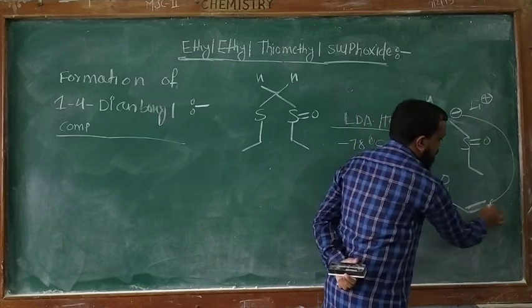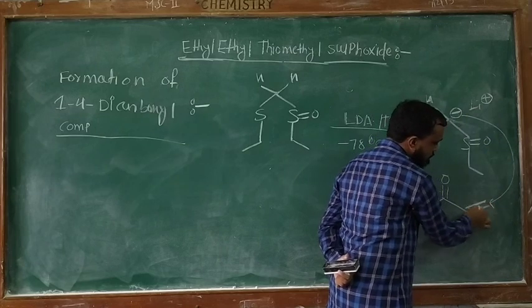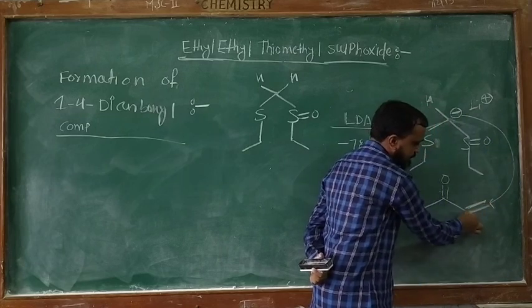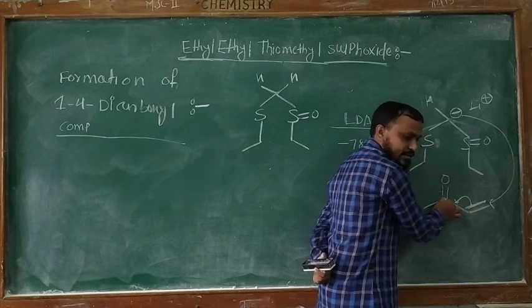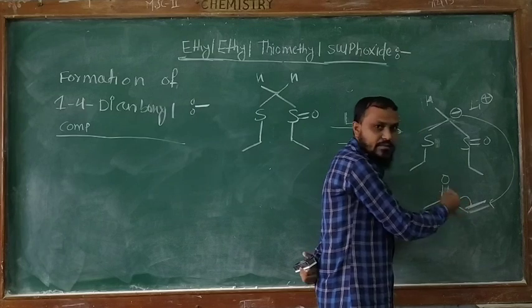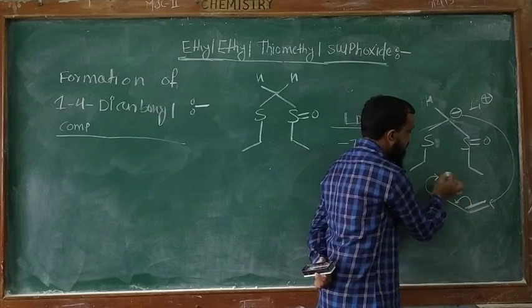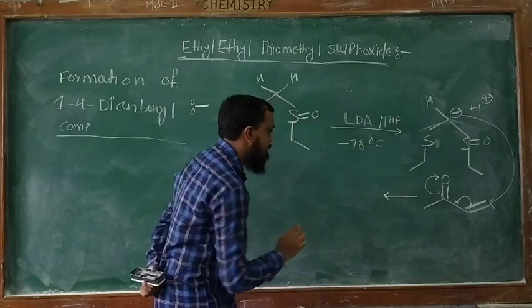Due to the attachment of this carbon to this carbon, the pi bond between this carbon atom and this carbon atom shifts in between this carbon and this carbon. Due to which the pi bond present between carbon and oxygen shifts toward the oxygen, and we will get this type of intermediate product.